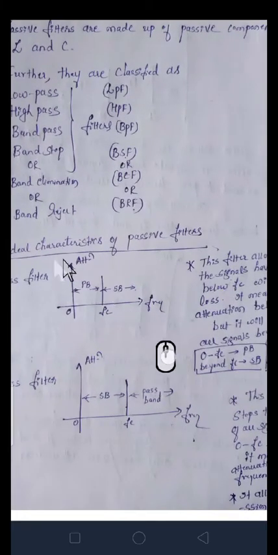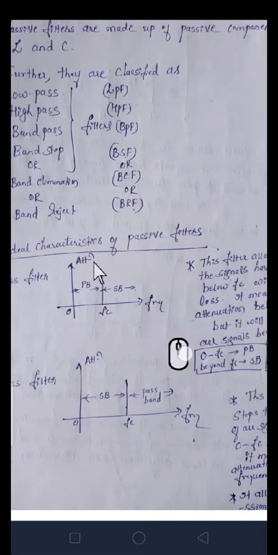Next, we will see the characteristics of the low pass filter. This is called the low pass filter characteristics. This graph is showing frequency versus attenuation, that is, for these frequencies, is there any attenuation offered by the filter?